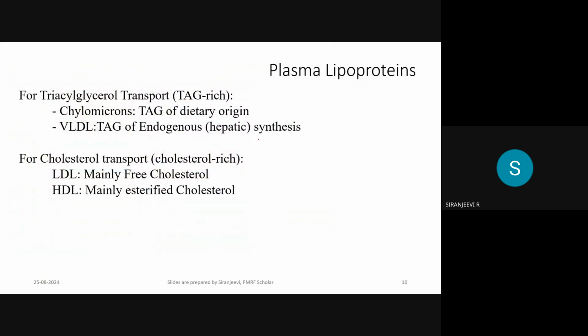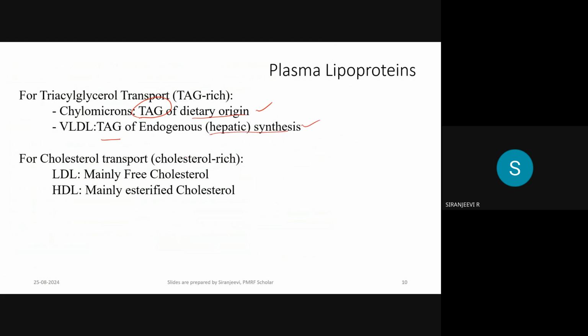And plasma lipoproteins, we have already told there are different molecules that will be transported, that we have already seen in the tabulation. Here I'm again telling you the chylomicron is responsible for the transport of triacylglycerol from the dietary sources, whereas VLDL is responsible for the endogenous triacylglycerol, for example, hepatic synthesis.